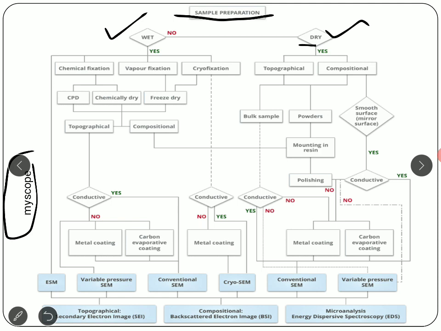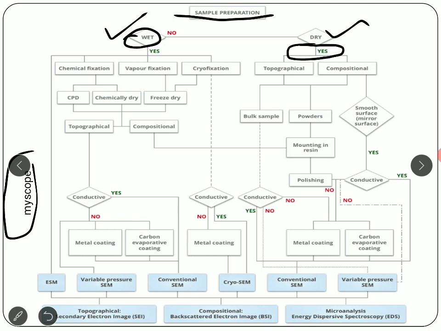Now if it is dry, most of our problems are solved, but in general if it is wet, we mostly don't do a normal SEM analysis. We can actually try to dry it. If it's not a biological sample, it's a normal sample which has absorbed some moisture from the air or during sample preparation, we can definitely dry it and go for the conventional SEM.